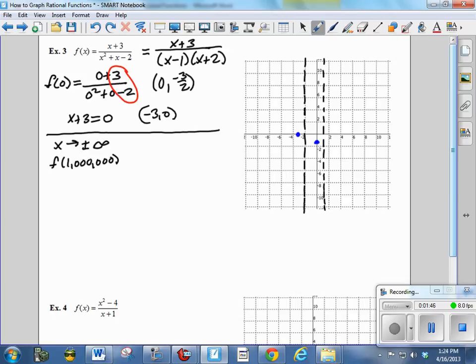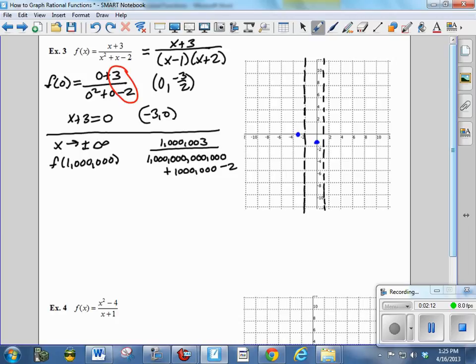you'll see that I would have 1,000,003 all divided by 1,000,000 squared. Well, that would be 1,000,000 with 12 zeros after it, plus another 1,000,000 minus 2.